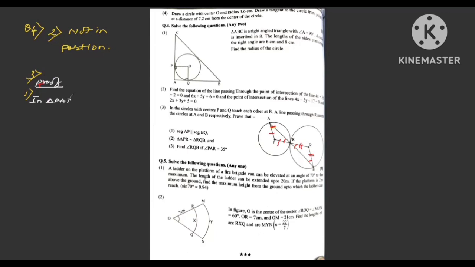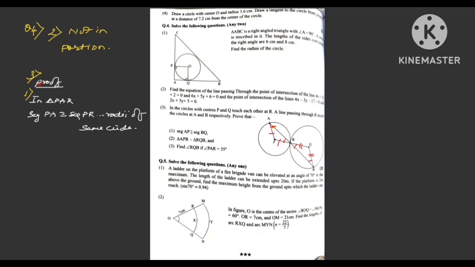Looking at triangle PAR, children, segment PA is congruent to segment PR. What's the reason, children? Radii of the same circle. So what will happen?